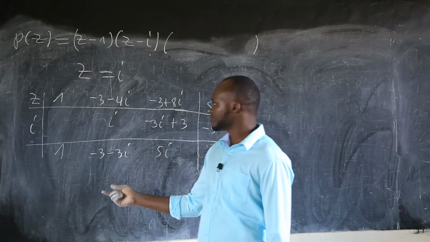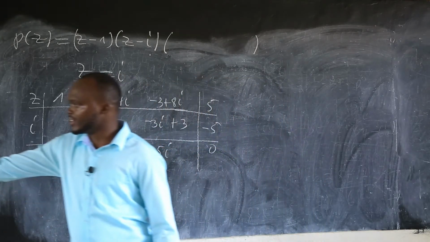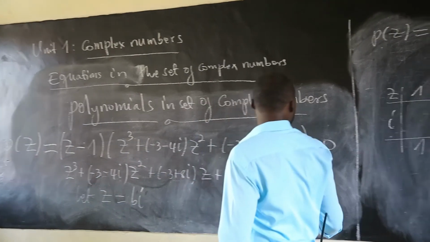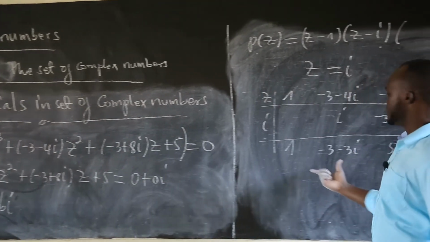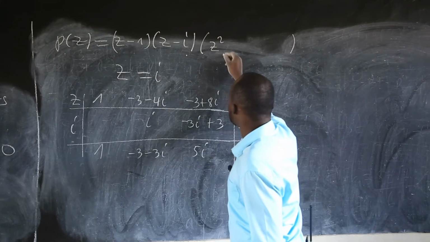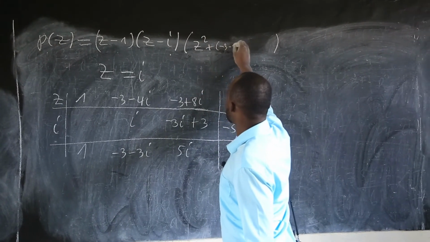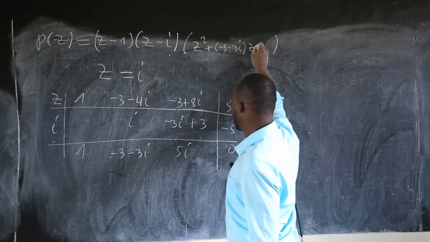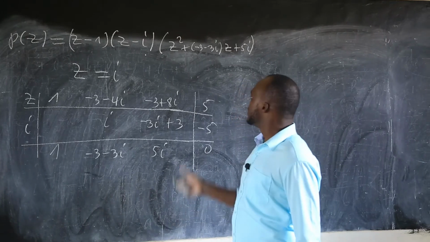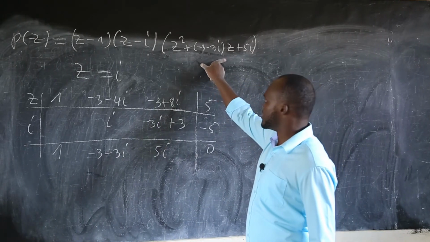You see now, it was power 3. Now we divided it by power 1, so this will be power 2. It will be z squared plus (negative 3 minus 3i) z plus 5i. So we're meaning to factorize this one.